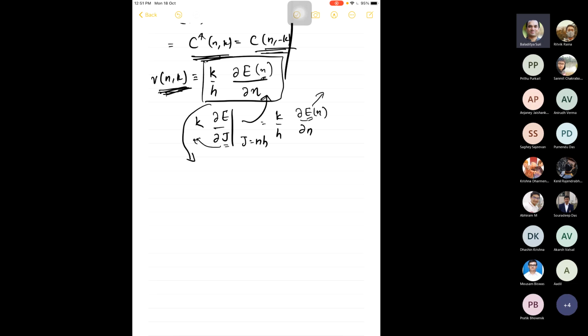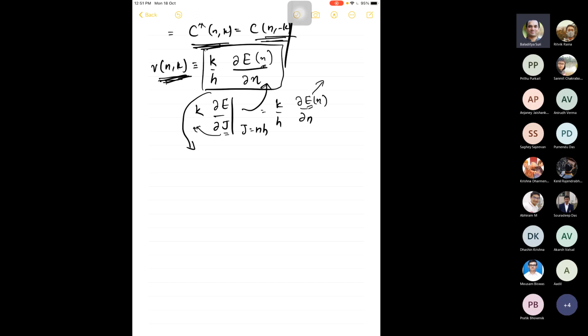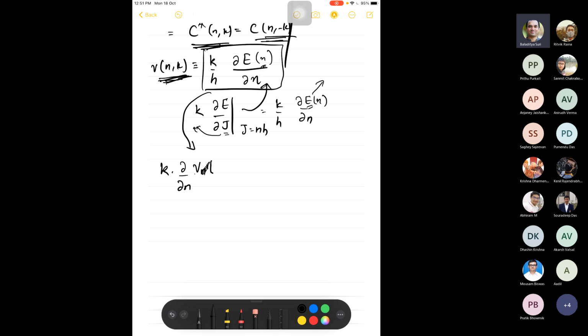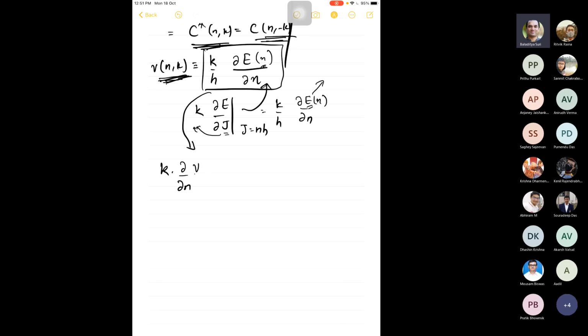So let us not talk about that right now. But if you have a quantity like this, some k times delta by delta n of nu of nk, let us say classically you have a quantity like this.